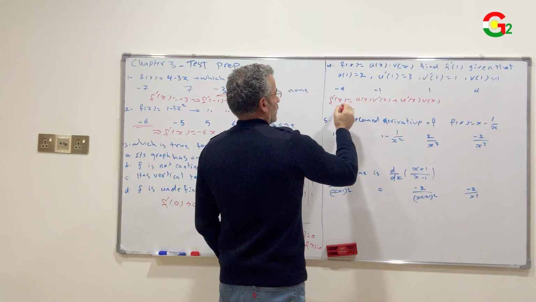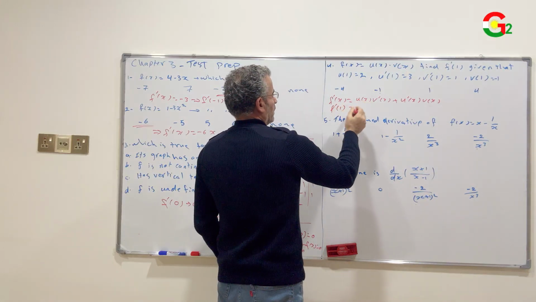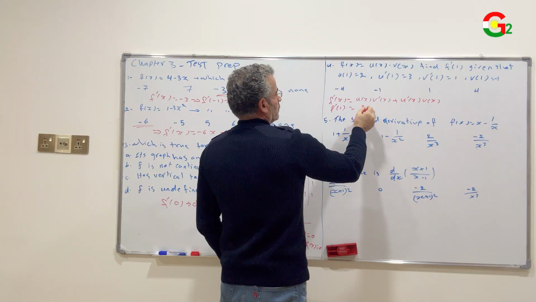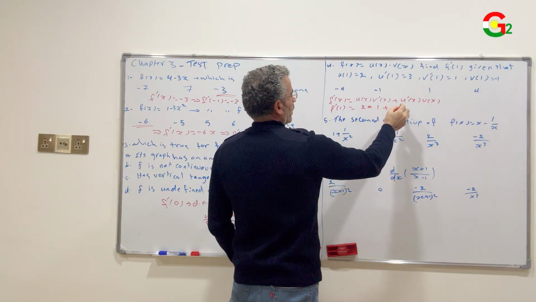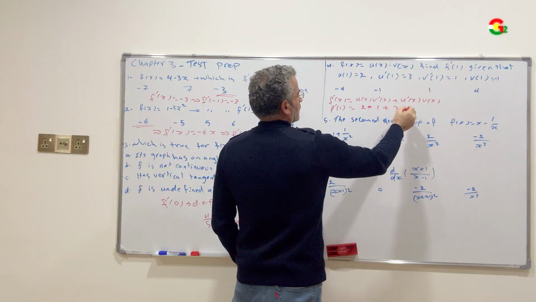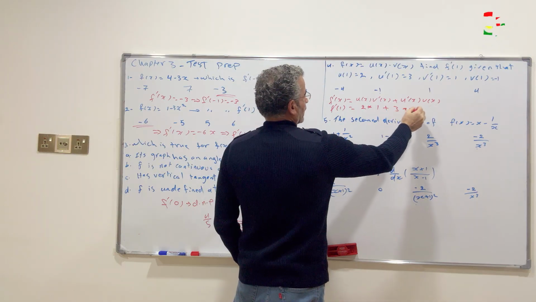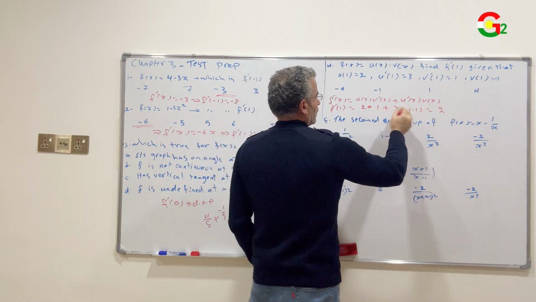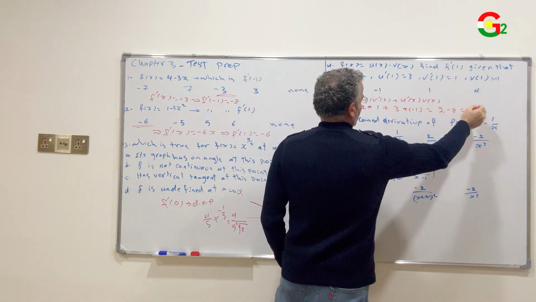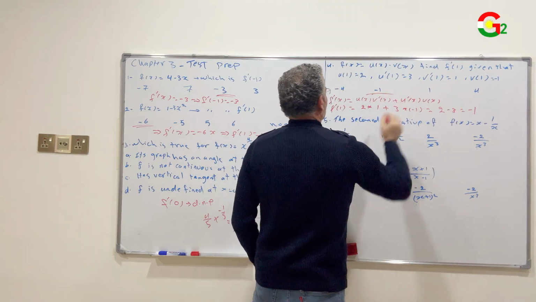So f prime of 1 equals u of 1, 2, times v prime of 1, 1, plus u prime of 1, 3, times v of 1, negative 1, equal to 2 times 1 is 2, minus 3, equal to negative 1. Choice B.